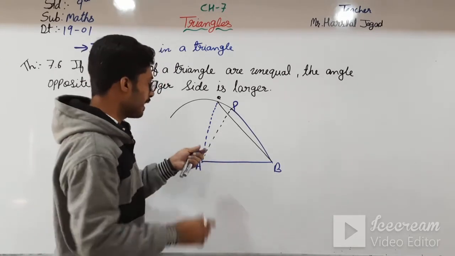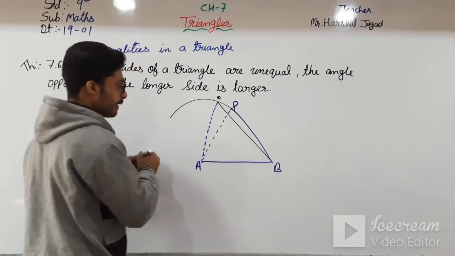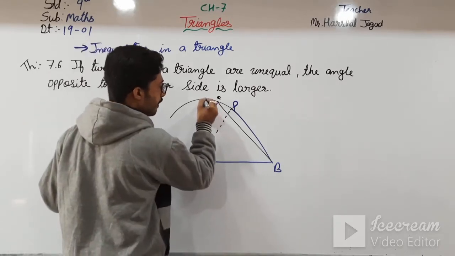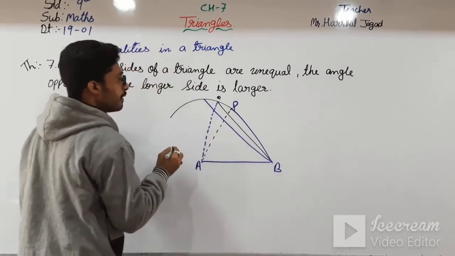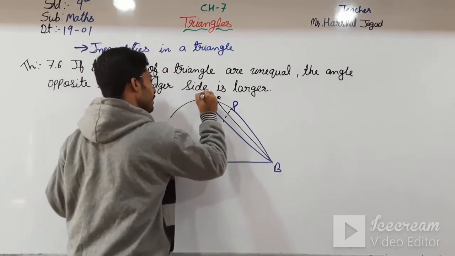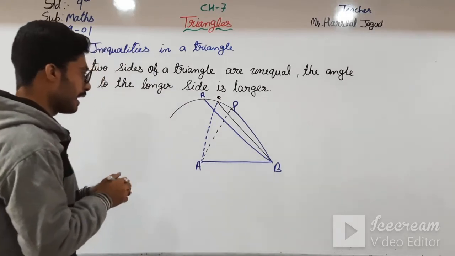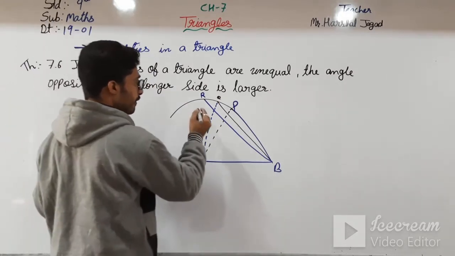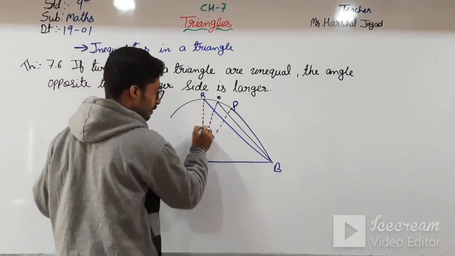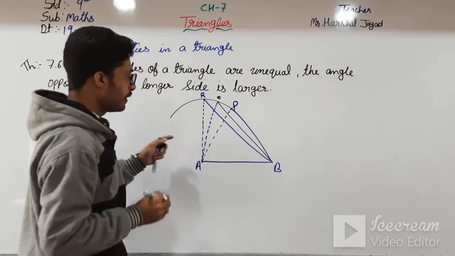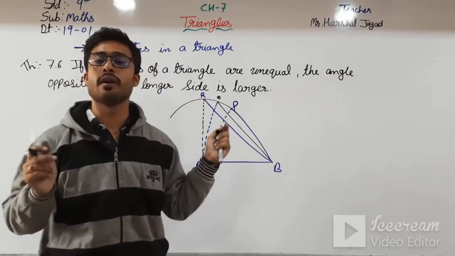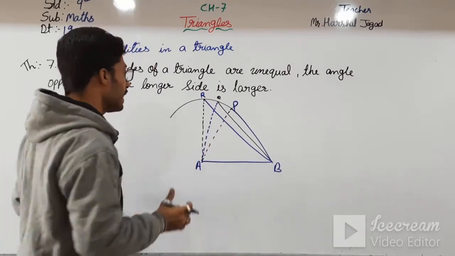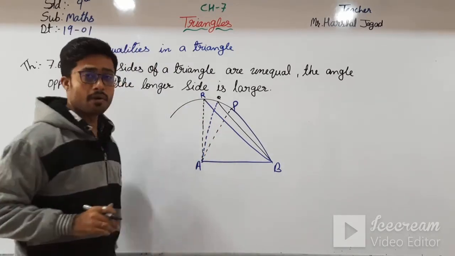Okay students, then taking another point, R, and joining it, you can see this one is larger, so the angle will also be larger. In that way it will go on.